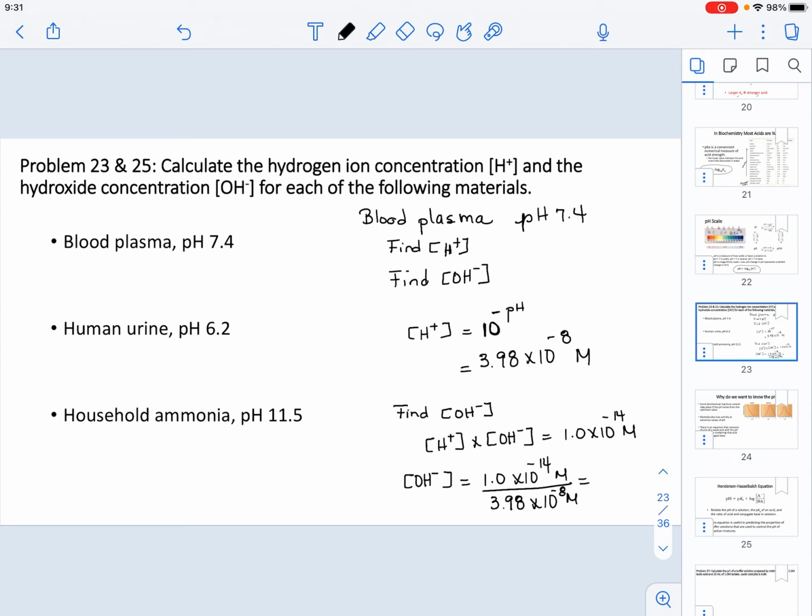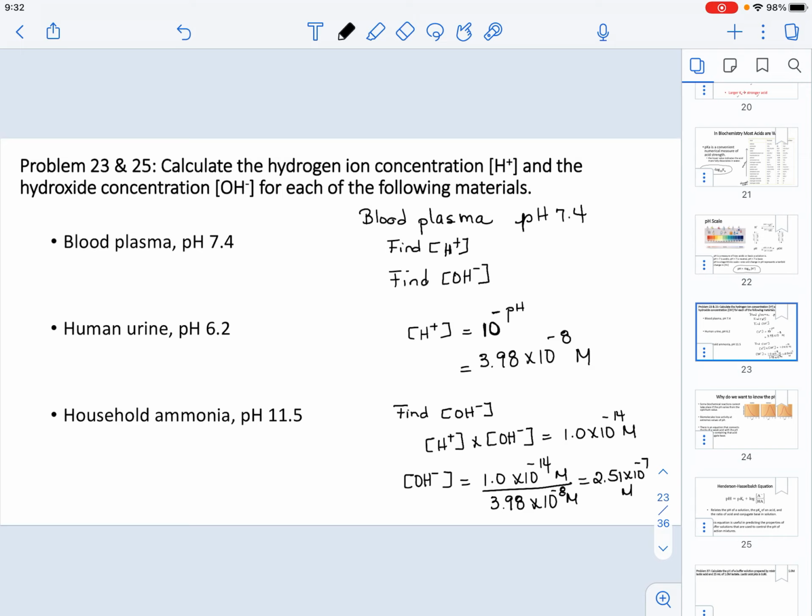When we do this, we get a value of 2.51 times 10 to the negative 7 molar. That's one way that you can solve it. Of course, you can utilize the pOH equation and then take 10 to the negative pOH to solve it. There are many ways to solve it, but I just selected this one.